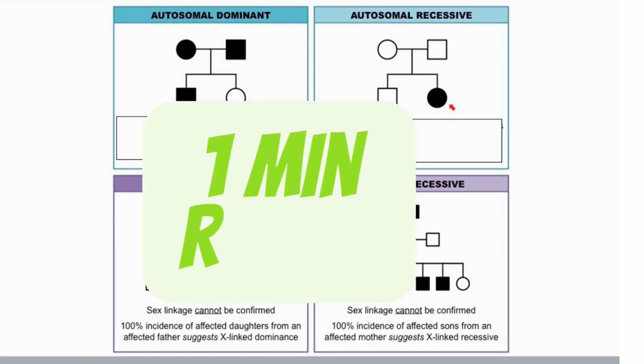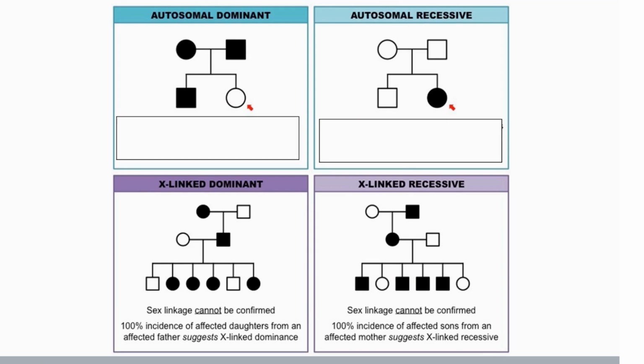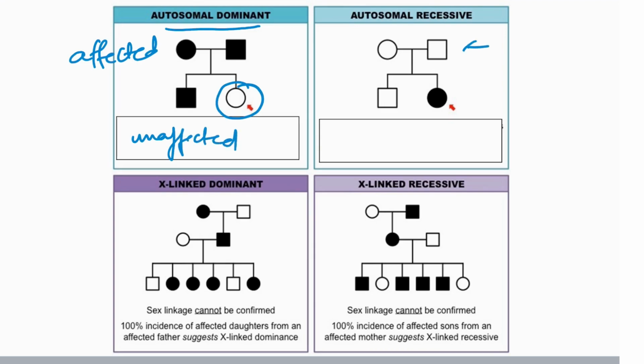Let's just go through the whole thing in 1 minute. Here, autosomal dominant, we can see affected parents will have unaffected children. Autosomal recessive: unaffected parents but affected children.